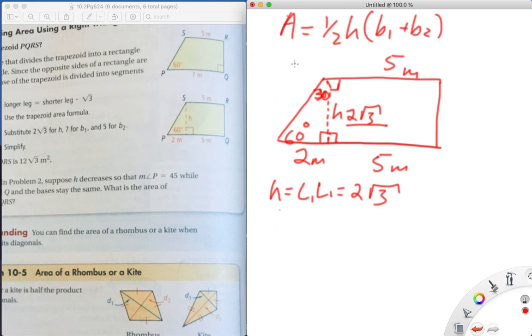We look back to our equation and we know that area equals 1/2 the sum of the bases. So this is going to be 1/2. Notice that we have this 2 here and a 5 here. We're going to add these two bases together, which makes it 7. So it's going to be 1/2 times 2 times the square root of 3 times 5 plus 7.